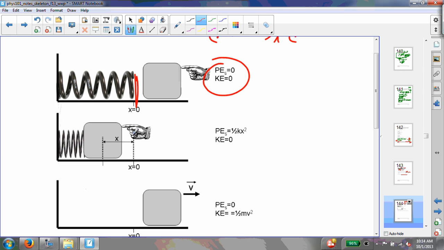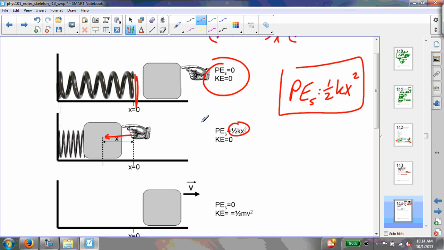Now, when I compress the spring by a certain value x, I can calculate the potential energy. The elastic potential energy, the potential energy of the spring, is equal to 1/2 kx squared. This comes about when you integrate over F dx, which we won't do in this class, but we'll do in the calculus class.